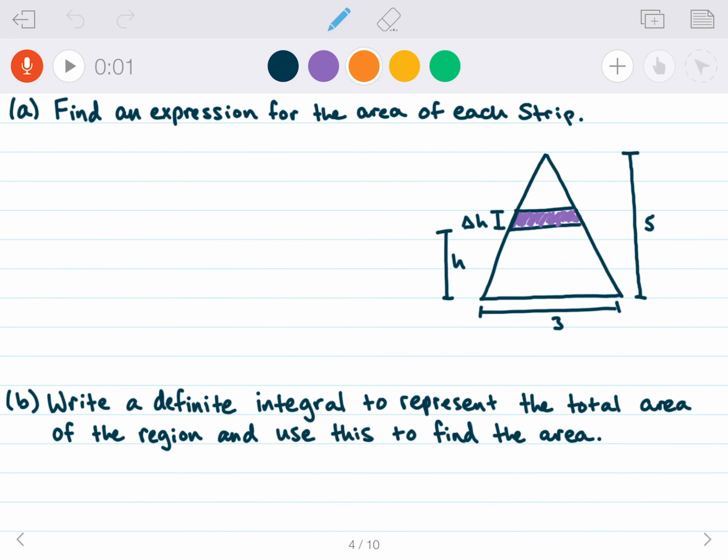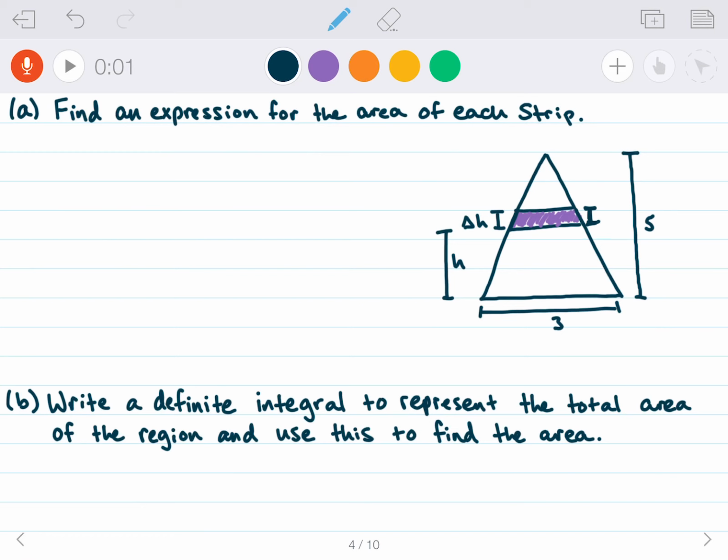So in this example, we're trying to find the area of this triangle by using strips, rectangular strips in particular. Now you might be looking at this purple strip and you might be saying, Sarah, that's not a rectangle. Are you crazy? Well, what you have to imagine is that this width right here is getting super, super small.